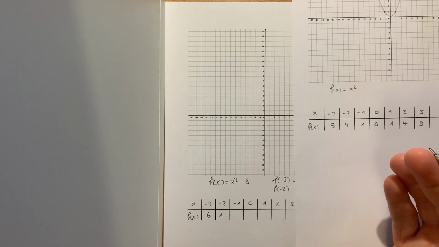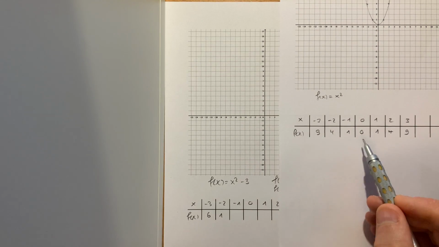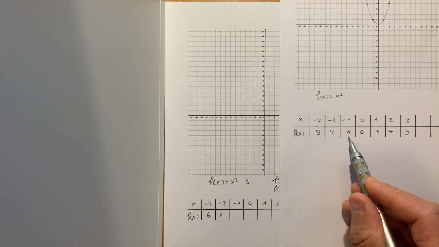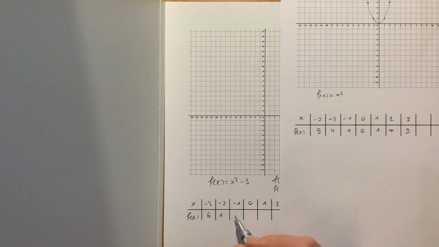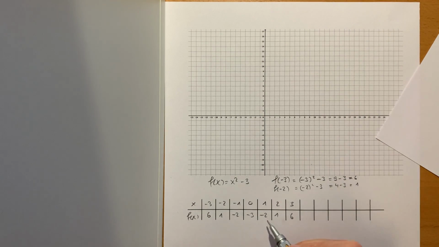So now we see what's going to happen. We can take this table here and just subtract 3 everywhere. So 1 minus 3 is going to be minus 2, minus 3, minus 2, 1, and 6. Let's check whether that's right.